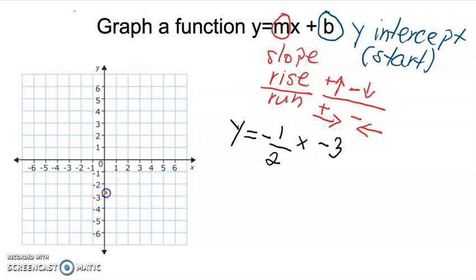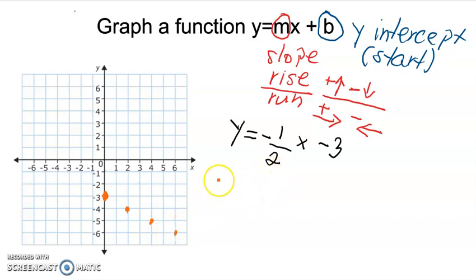So I'm going to draw a circle on negative 3, and now we have 1/2. So you go 1 unit up, and this 2 is positive, so we go 2 units to the right. Make a dot. 1 up, 2 to the right.